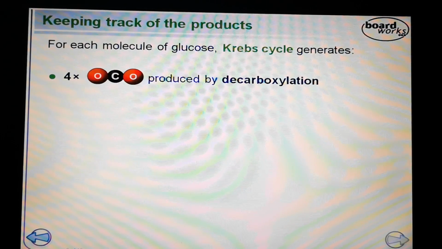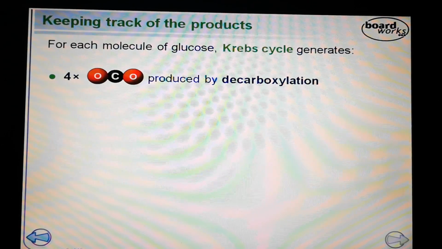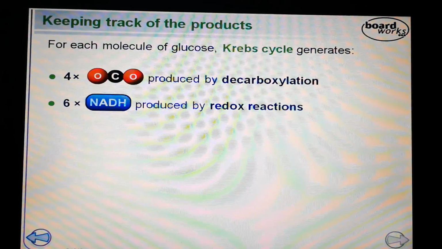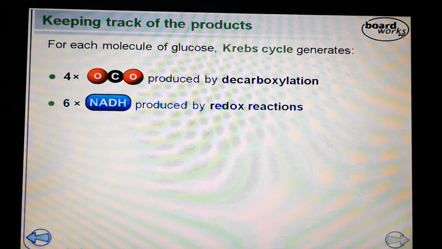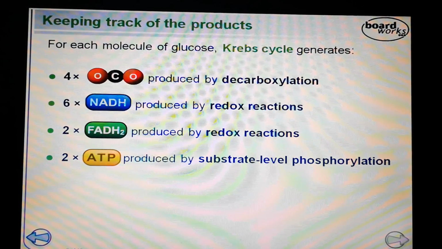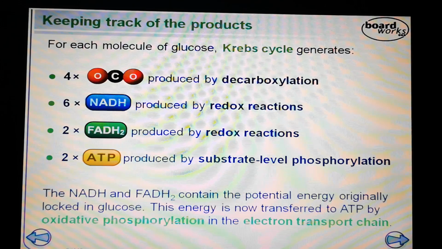Now, the Krebs cycle in total, there's going to be 4 carbon dioxide molecules produced. There's going to be 6 reduced NAD coenzymes, and there'll be 2 reduced FAD coenzymes, and also 2 ATP molecules.